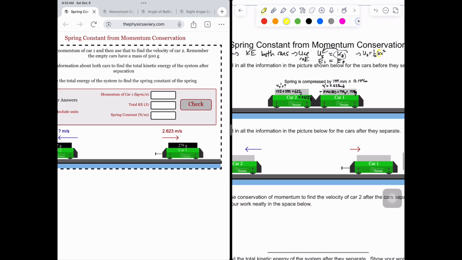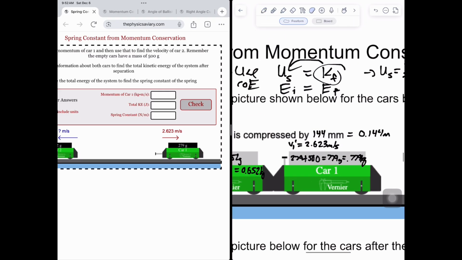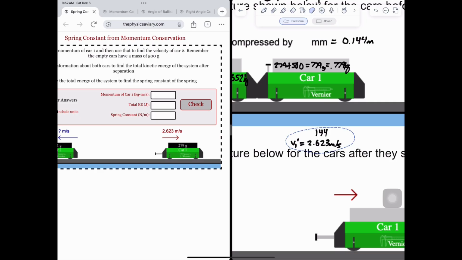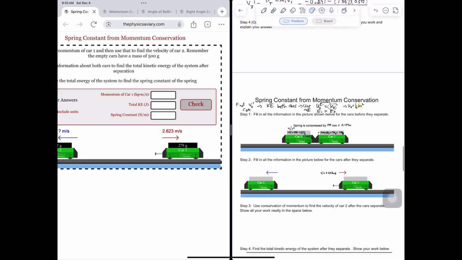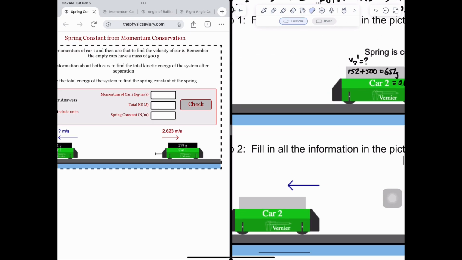So first things first. We did fill out all the information before and after they separated. I just wrote it kind of differently, so I'm just going to move that down here. Okay, now we're good. All right, and we don't know v2 prime.